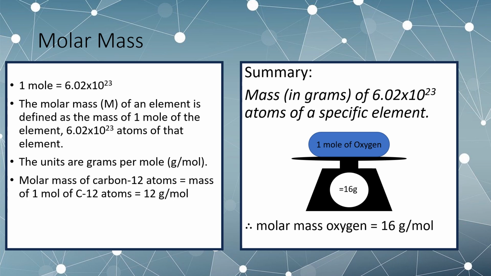Therefore, the mass of 1 mole of carbon atoms is 12 grams per mole, and that is our molar mass of carbon. For our ongoing calculations, we can find the molar mass of any element on the periodic table, as the molar mass of any element is equal to its relative atomic mass.